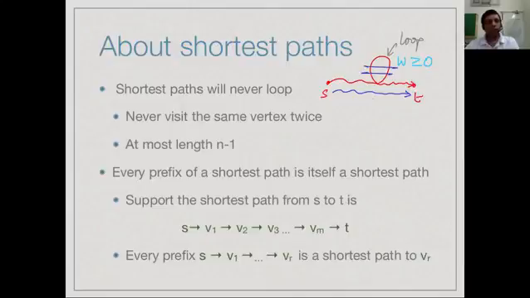So shortest path never loops, so it will never visit the same vertex twice. This means that it can have at most n-1 edges, because I totally have n vertices. So if I don't allow any vertex to repeat anywhere along the way, then obviously I can only have n-1 edges. So there is a bound on the length of the shortest path.